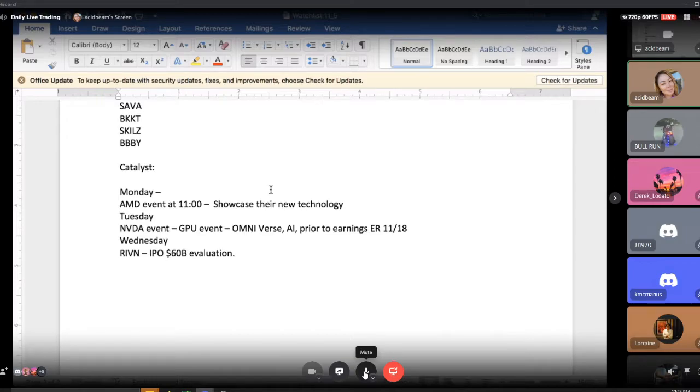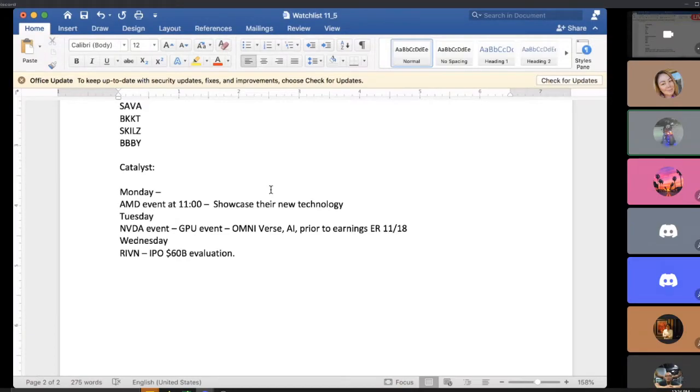I think it was like $60. Well, they're looking at starting off between $52 and $60 a share when listed. Right, 52 to 60 a share when listed, and then Amazon and Ford are investors. Okay.